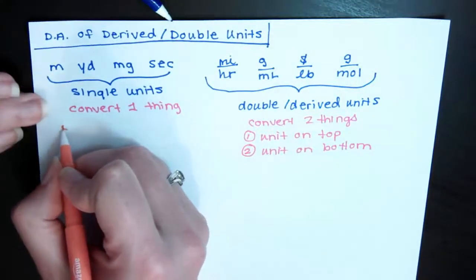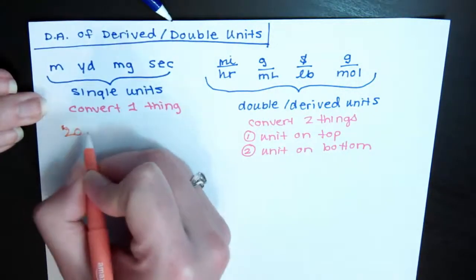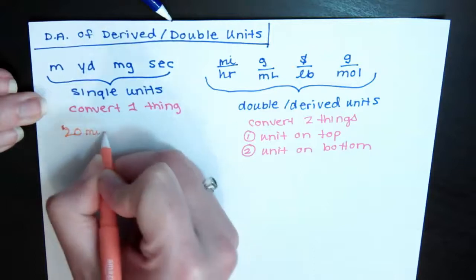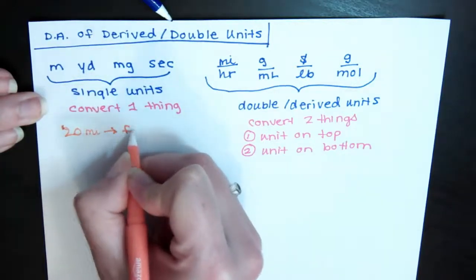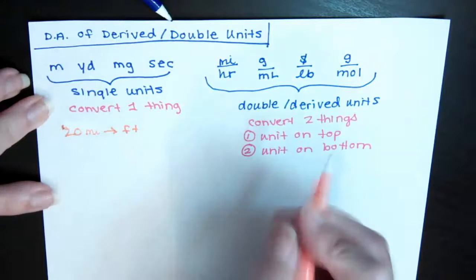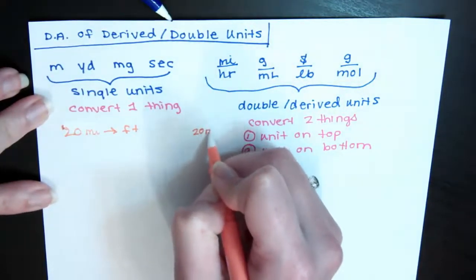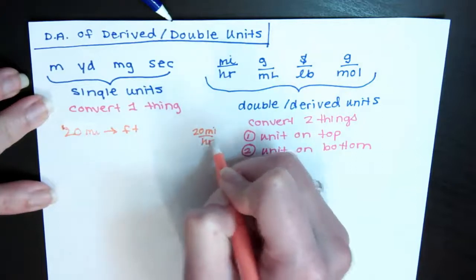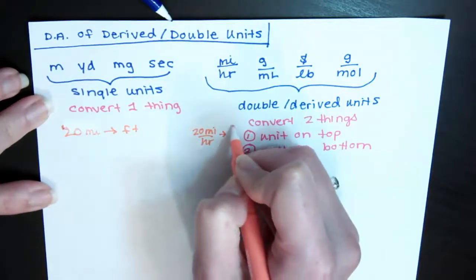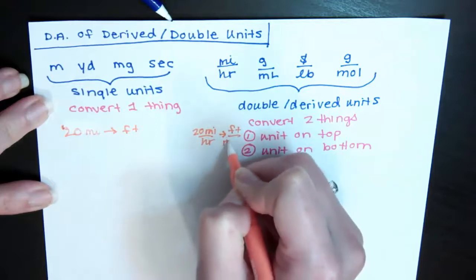So for this example, maybe we take 20 miles and we want to convert that into feet. But over here, this would be more like 20 miles per hour, and we want to convert it into feet per minute.